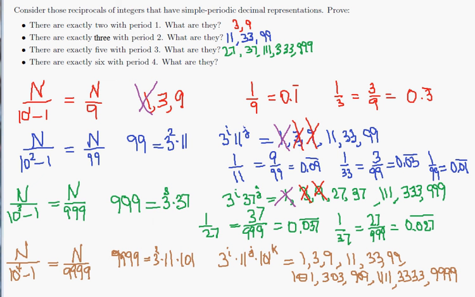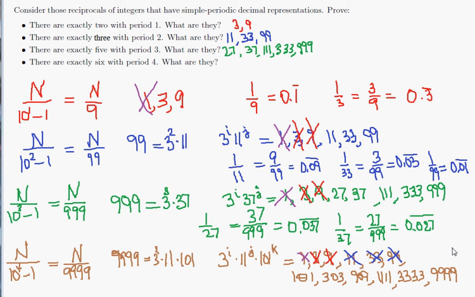Okay, now not all of these will have a period of 4 minimally. 1 clearly does not work. We know that 1/3 and 1/9 have a representation with period of 1. We've also established that 11, 33, and 99 have a representation with period 2.